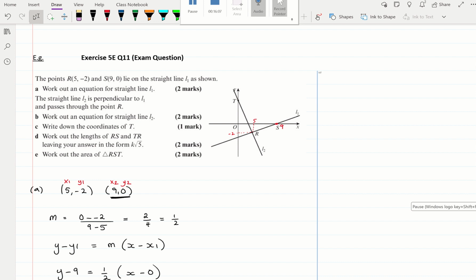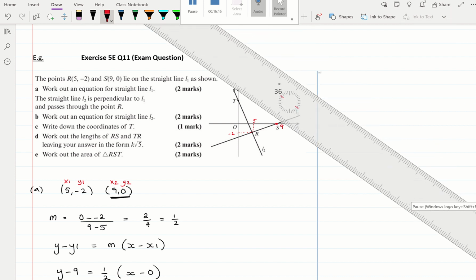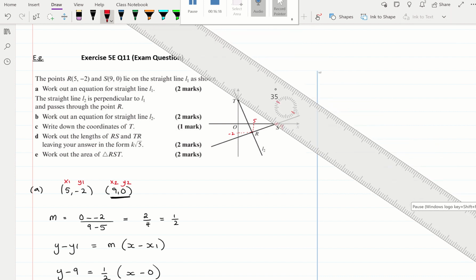Okay, RST. So we need to add a line there, RST.